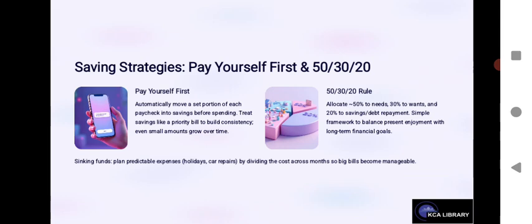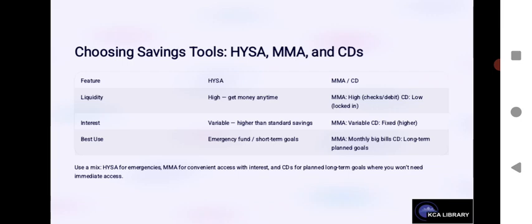That means you save before spending. That is what it means to pay yourself first. Or you can also make use of the 50-30-20 rule, meaning you allocate 50% to needs, 30% to wants, and 20% to savings. This framework will help you to live a balanced financial life.